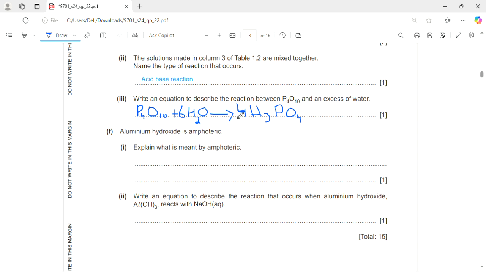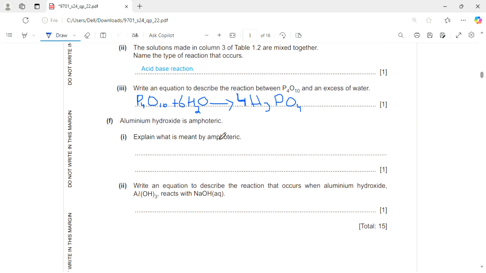The oxygens are 10 plus 6, which is 16 oxygens. 4 fours are 16 oxygens, so it is balanced. 6 twos are 12 hydrogens, and 4 threes are 12 hydrogens. So it is balanced now.